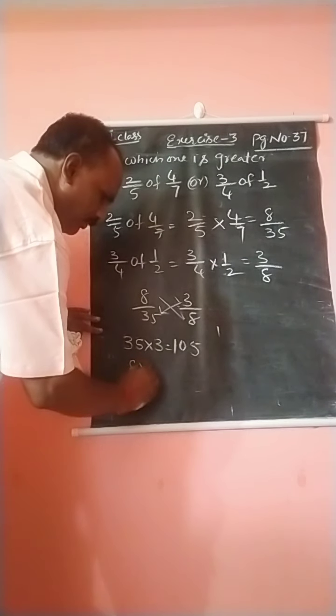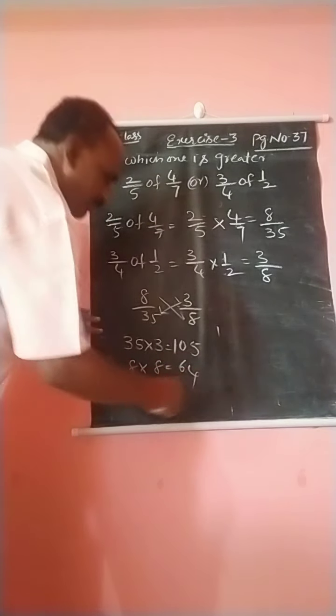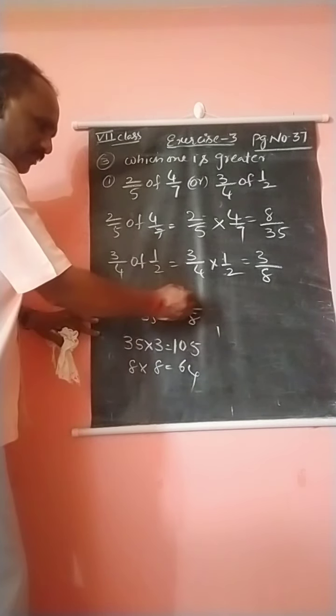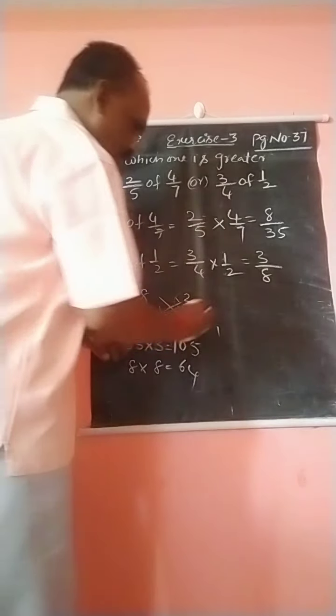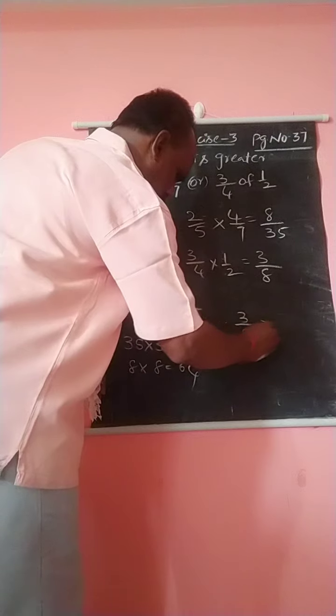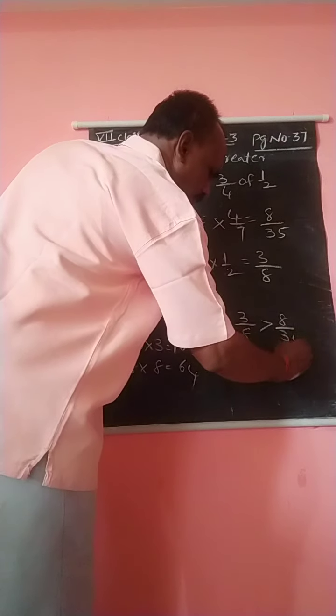Next, 8 into 8 is 64. Which is greater? 105 is greater. 105 means 35 into 3. So therefore 3 by 8 is greater than 8 by 35.